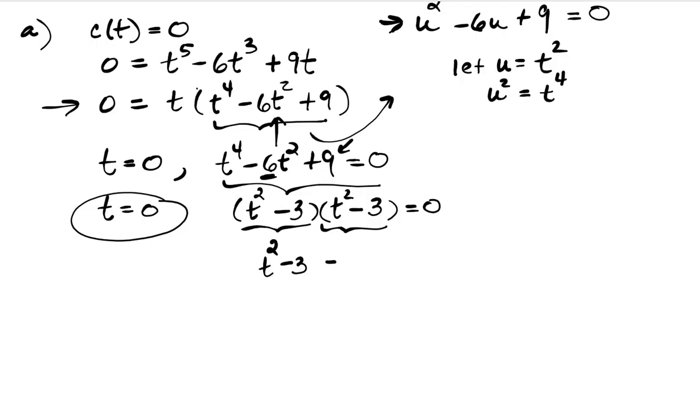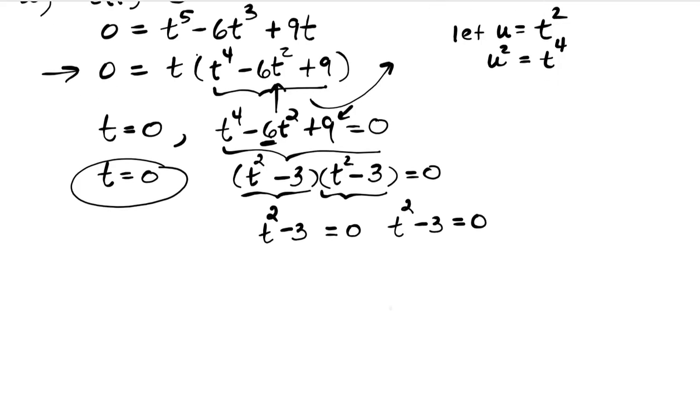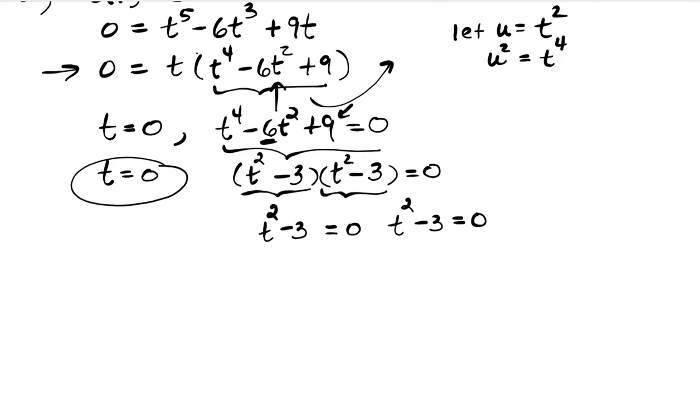Hence, we can take each of these factors and set them equal to 0 using the zero product property again. So we get t squared equals 3. I'm going to go ahead and just add 3 to both sides and then use the square root property. So remember, using the square root property, we need to remember the plus and the minus sign.